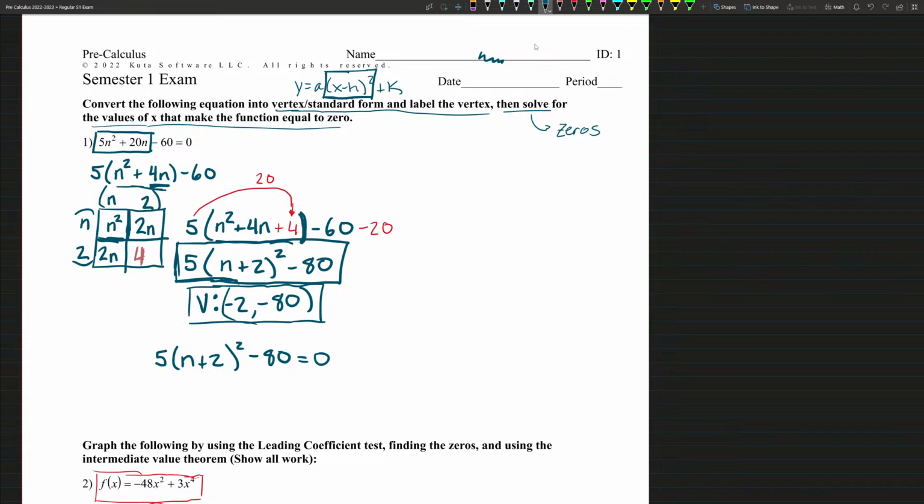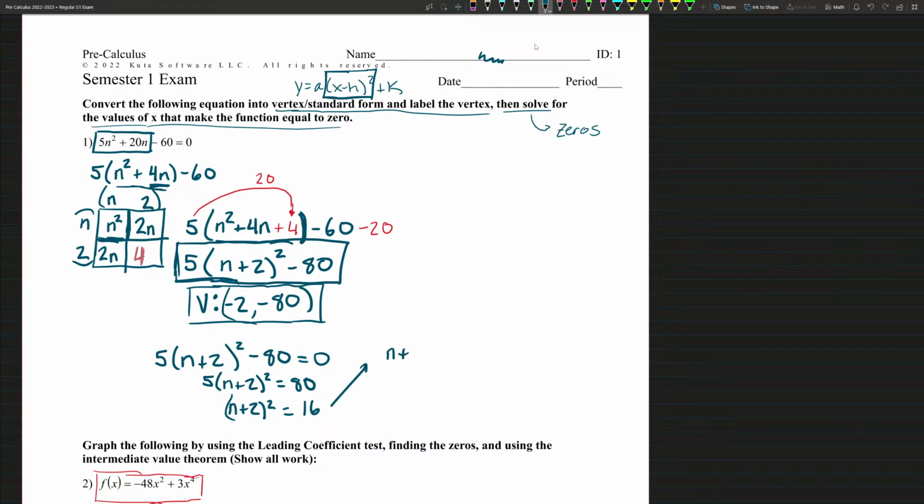All right, so if we add 80 to both sides, divide by 5, and then we take the square root of both sides.